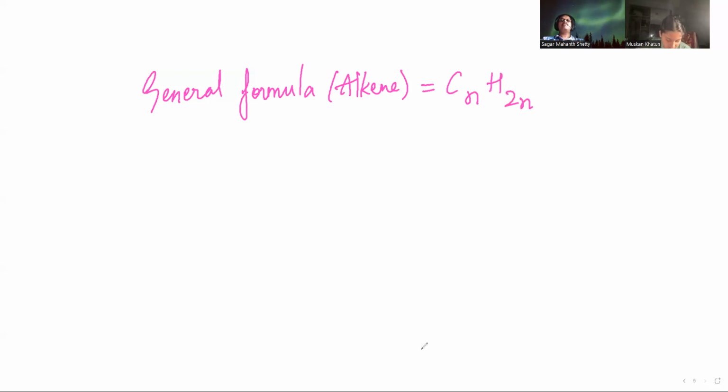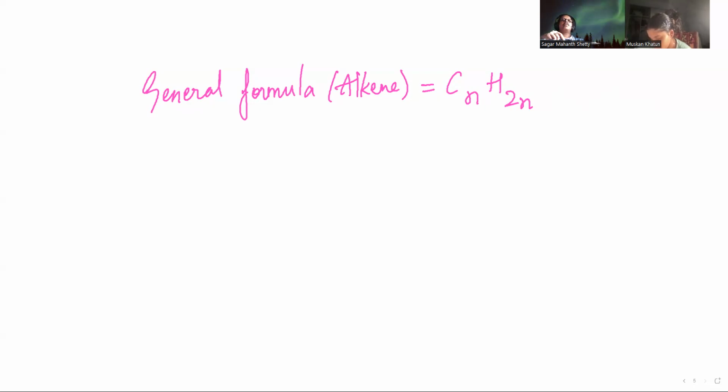We did this the other day. It's different from alkane, of course. So the general structural formula for alkene is CnH2n.